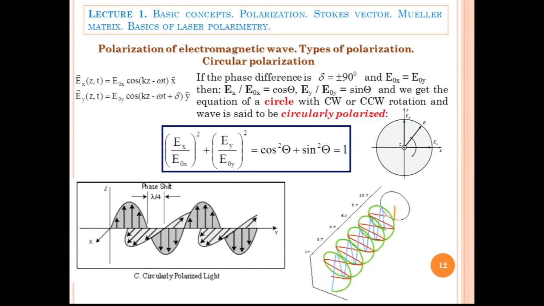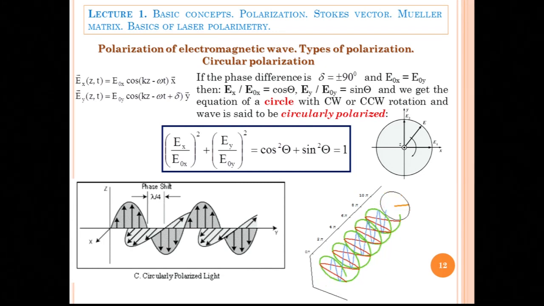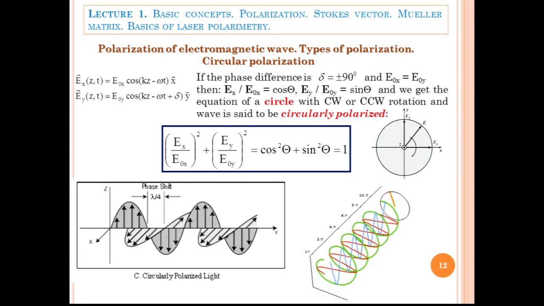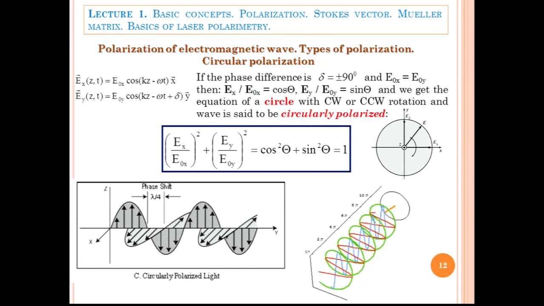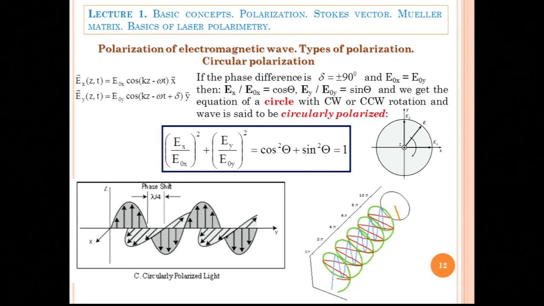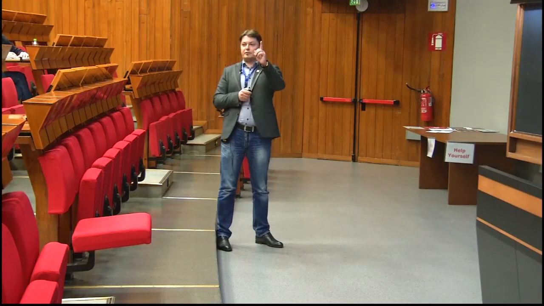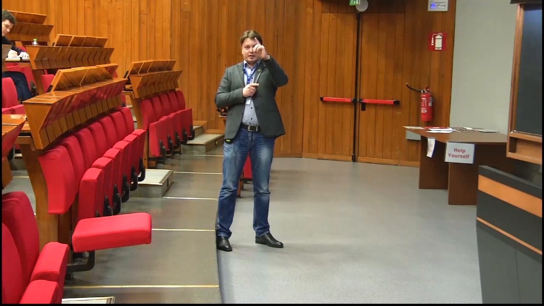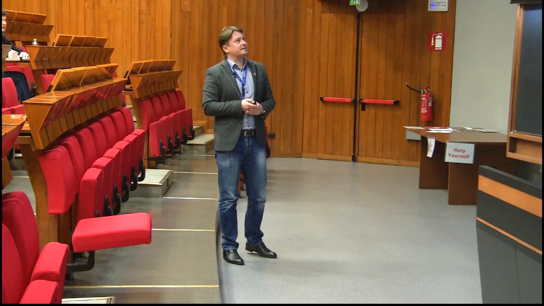So we call the phase difference plus-minus 90 degrees, the phase shift equal to a quarter wave between these two oscillations. And when you sum these vectors, the tip of your summarized vector will be rotating.